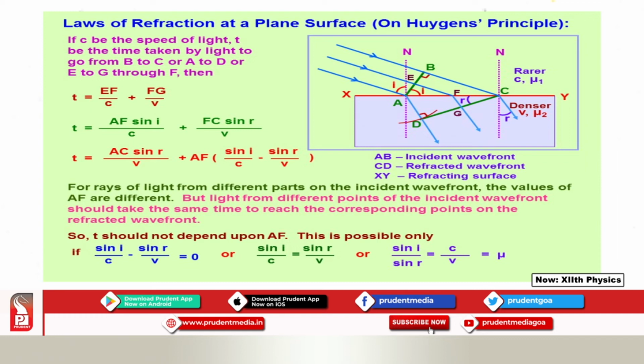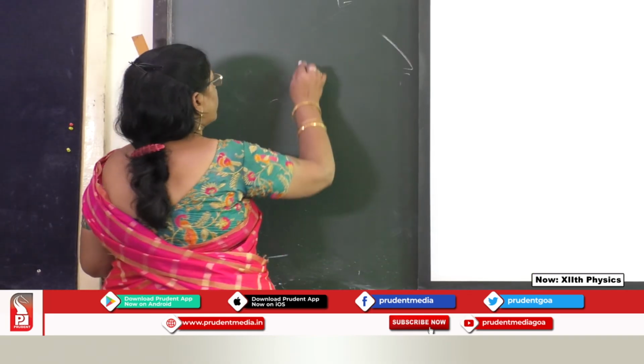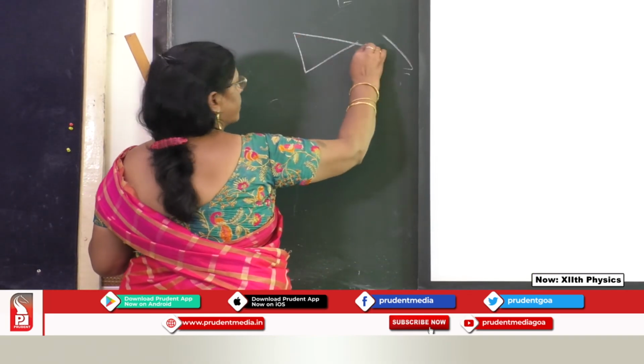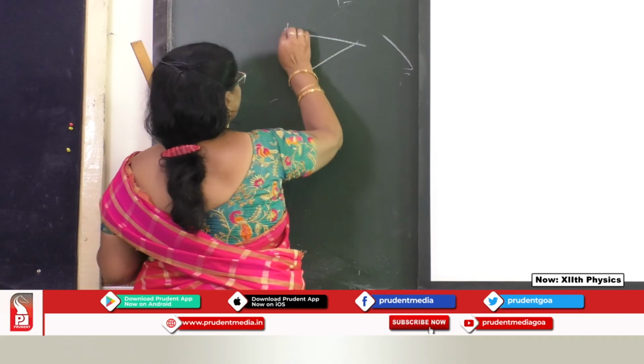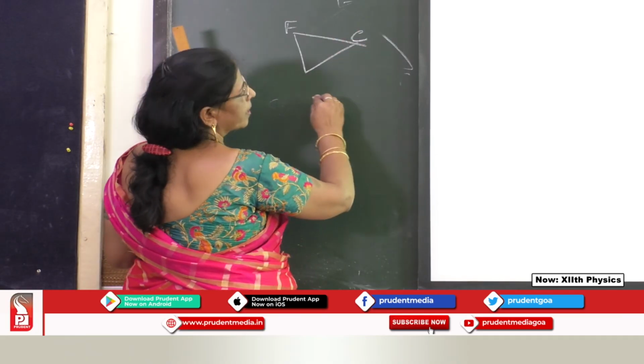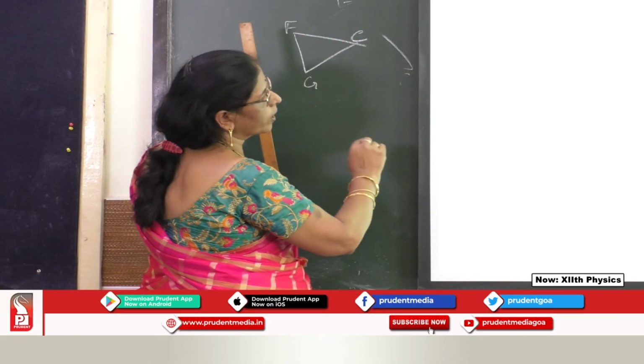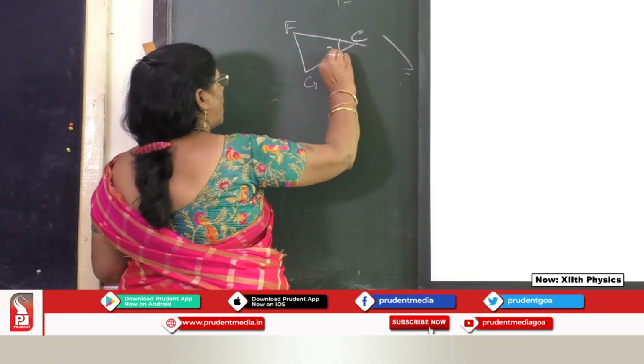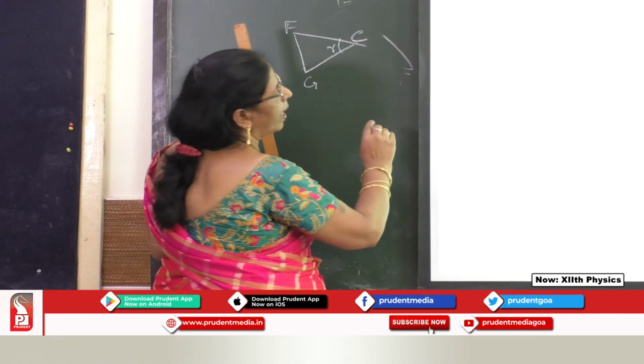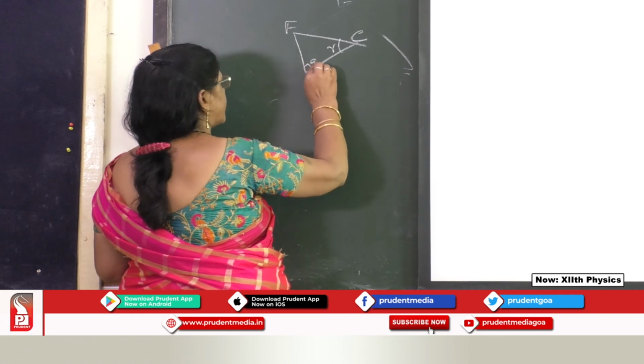In the same way, for FG, I am going to consider the next triangle over here, which is in the second medium, where we have F, C and this is G. Now this angle is R and this angle is equal to 90.